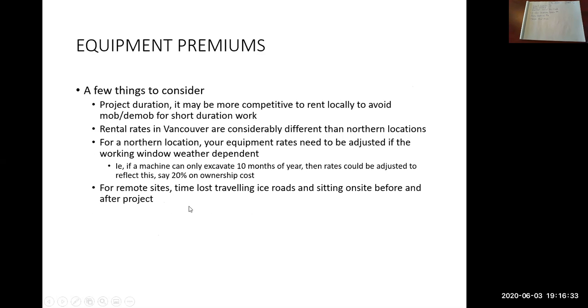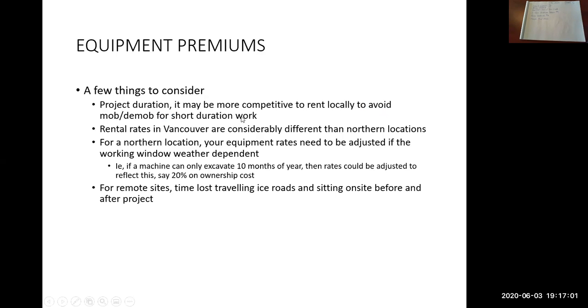So labor, equipment premiums. A couple things to consider: the duration of the project. It may be more competitive to rent equipment locally to avoid the significantly higher MOB and DEMOB costs for short duration work.